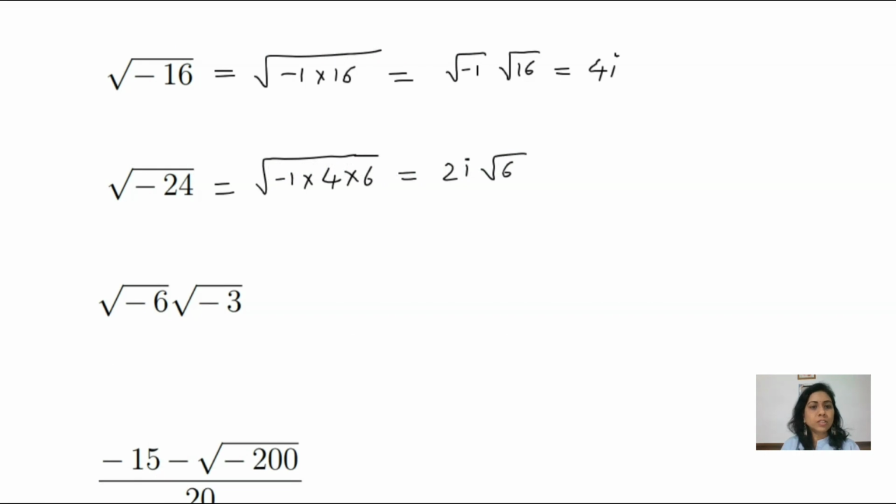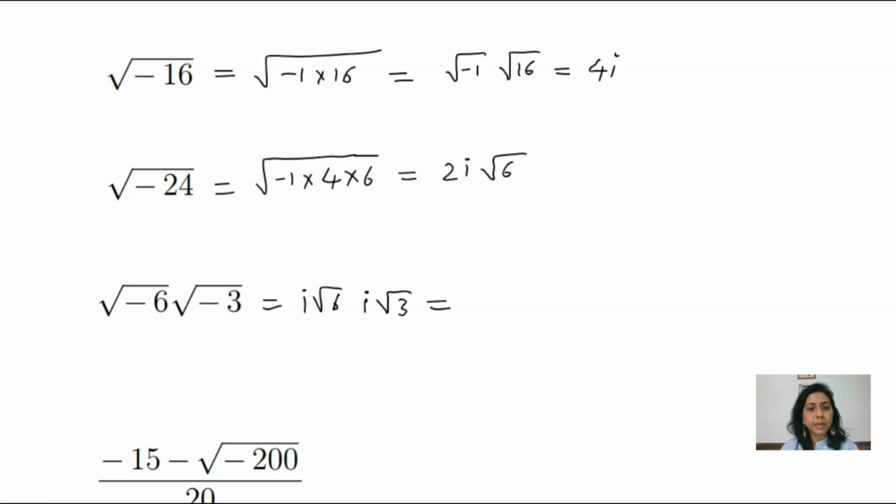Here the third question is square root of -6 times square root of -3. So when simplifying complex radicals, it is important that we take the -1 out of the radical before we combine radicals. So square root of -6 is i square root 6, multiplied by square root of -3, which we can write as i square root 3.